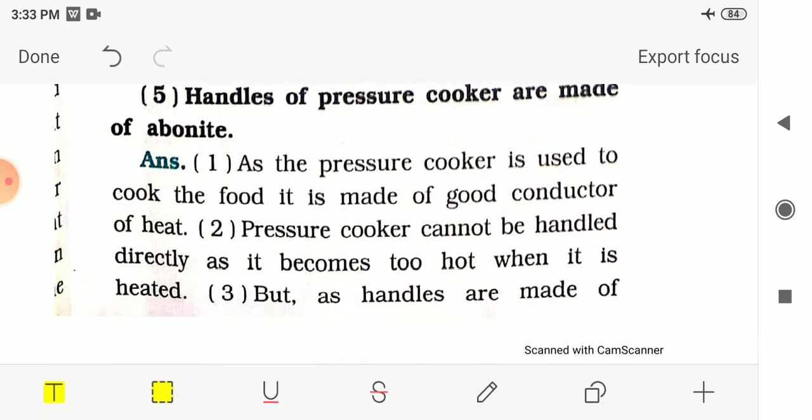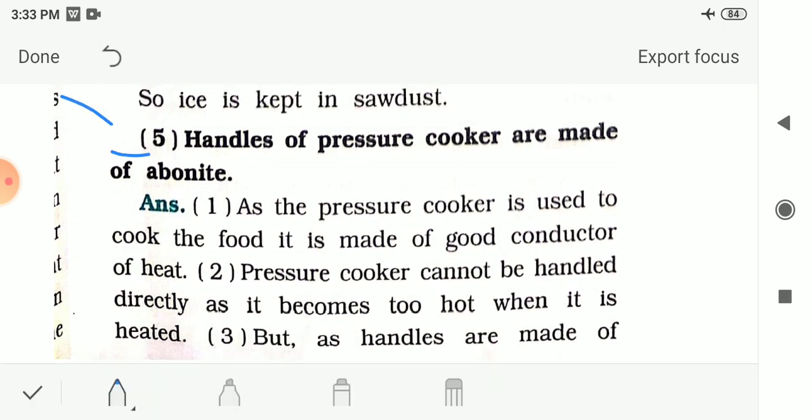Next, fifth number: handles of a pressure cooker are made of ebonite. Why are the handles of the pressure cooker made of ebonite? Let me see the answer. As the pressure cooker is used to cook food, it is made of a good conductor of heat. As in the earlier reasons, cooking utensils are made of metals.